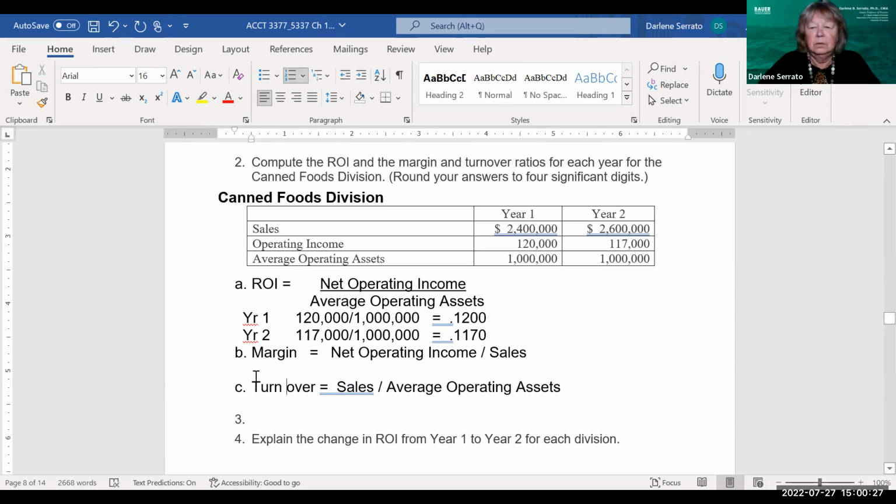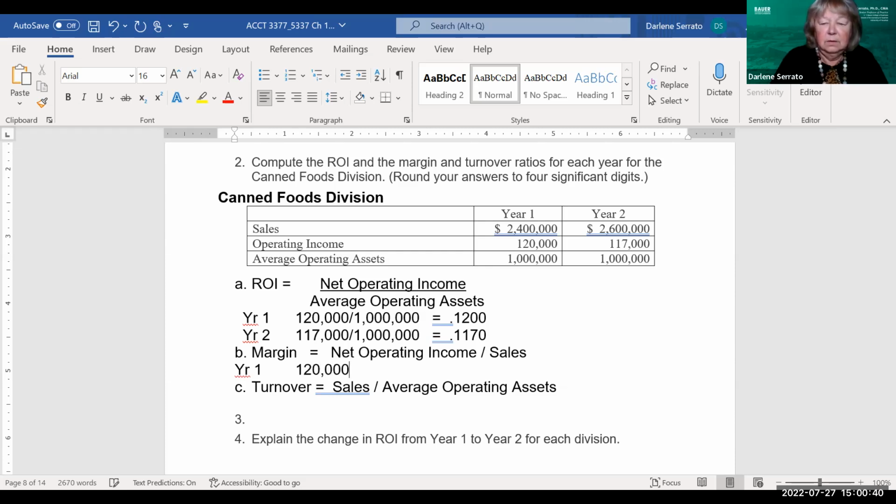Margin. Year one. Income is 120,000 divided by sales of 2,000,004. Equals 0.05.